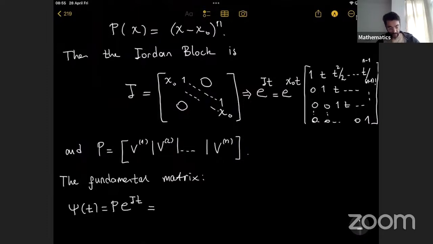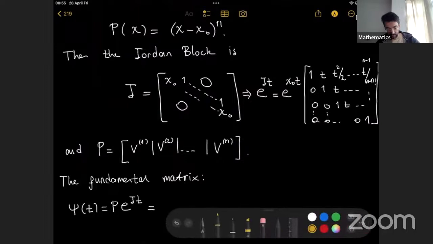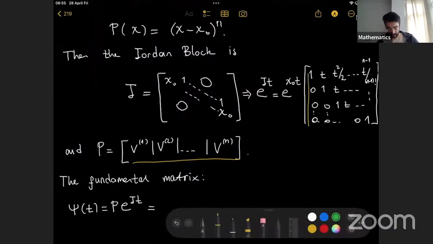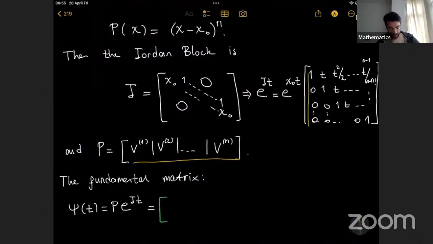Well, we take this P and multiply with e to the J here. So this row and this column will give you, maybe let's write here, e to the lambda 0 t times v1.